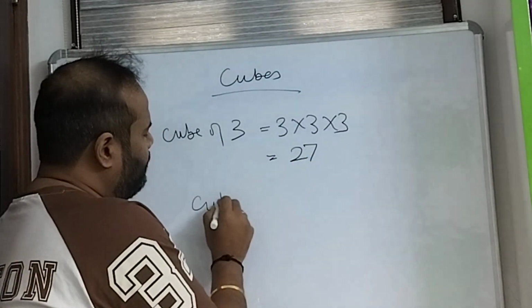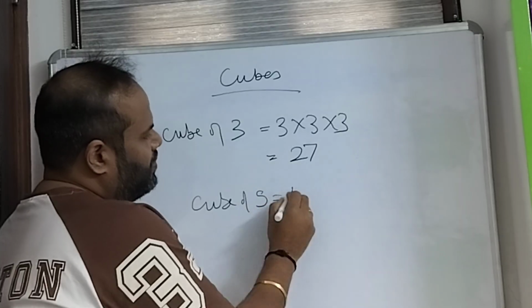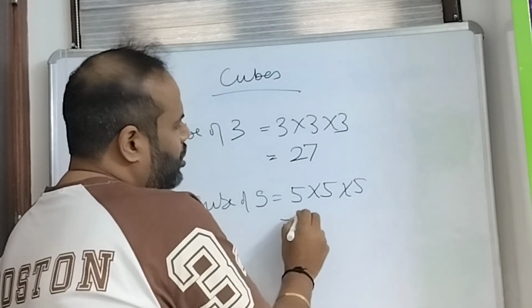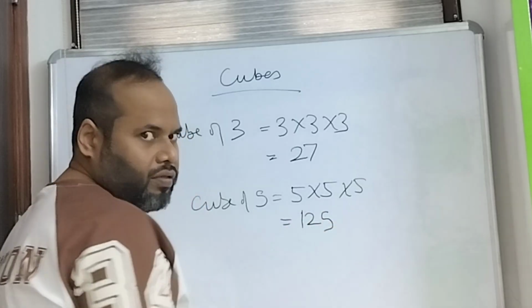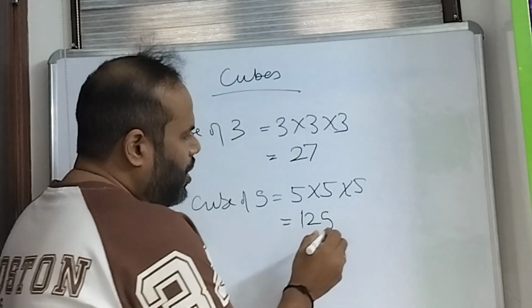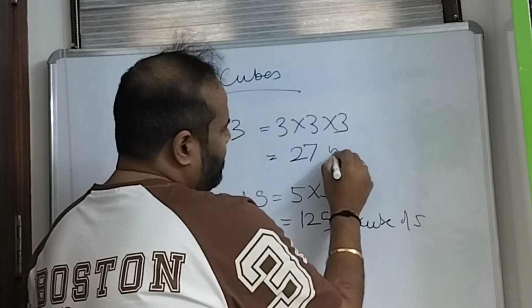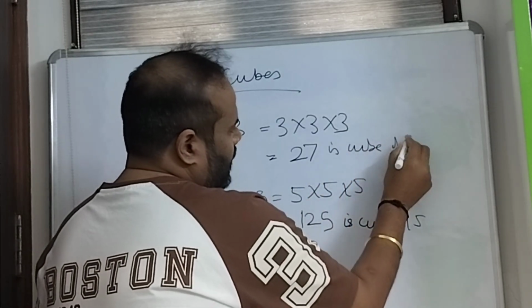Similarly, the cube of 5, 5 into 5 into 5, is equal to 125. So what we can say is 125 is the cube of 5, 27 is the cube of 3.